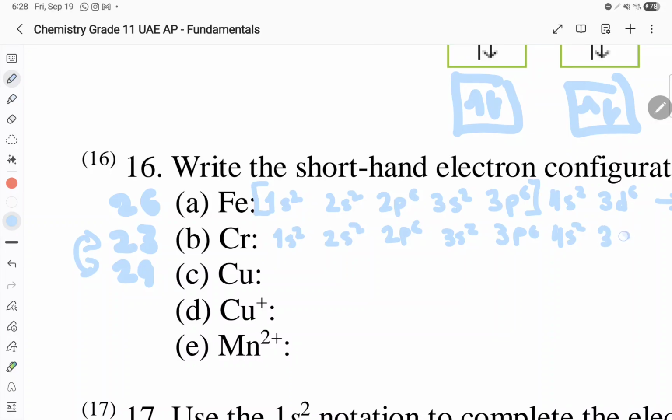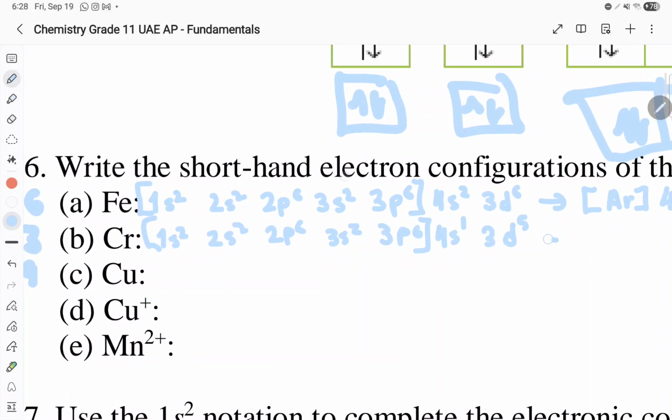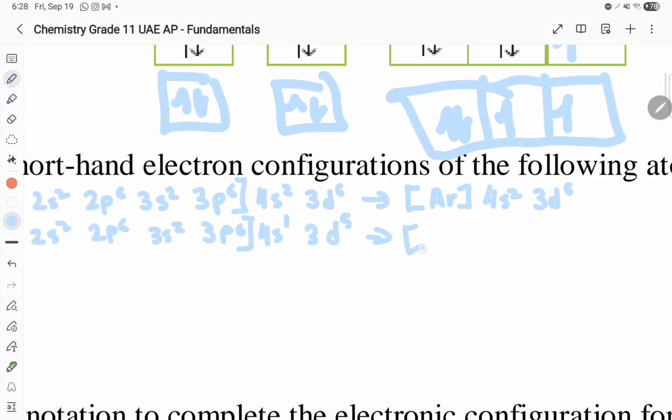You're going to reach 3d4. Right? But we said chromium cannot have 4 in its d orbital. It has to have 5 or 10. So what do you do? You take 1 from here and you give it here. You make that one 5. Now after you've done that, you group 18 electrons again, because the closest one to it is argon. And again, you replace it by argon and 4s1, 3d5.